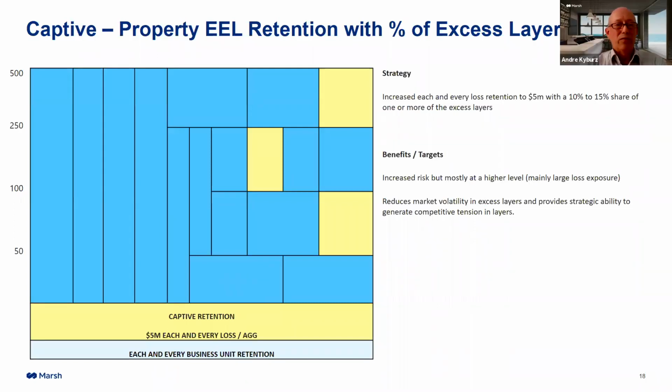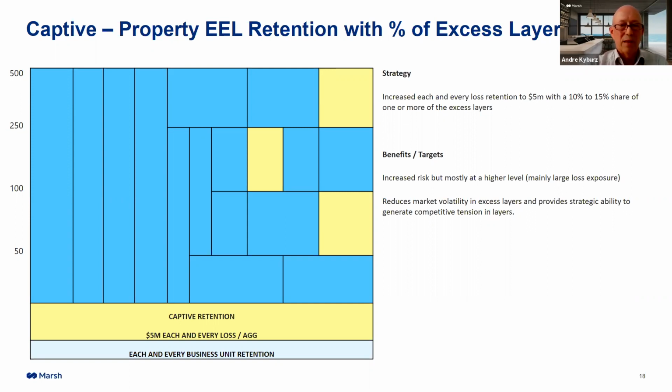So we show you a few ideas, and I think from experience where we saw captives play, here we have a more traditional property program where the strategy is basically to use it down low, with each and every loss and maybe an aggregate in that first loss space.